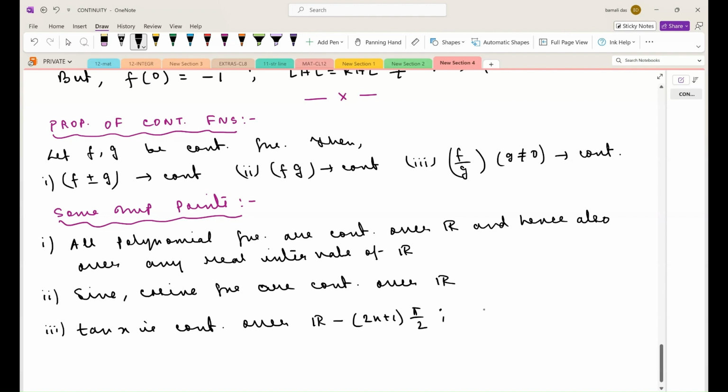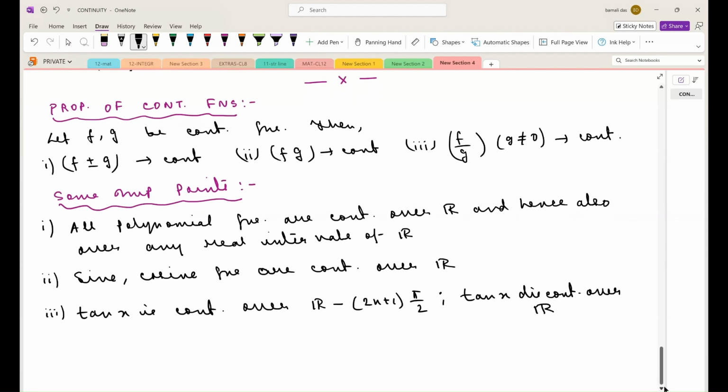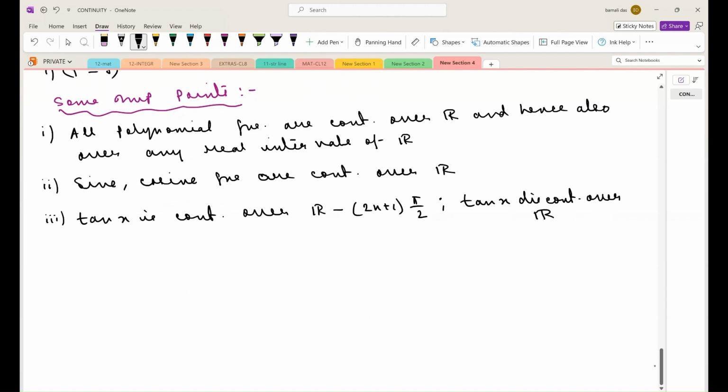But if you consider the whole of R, then it is discontinuous. Tan x is discontinuous over R. That's a point I was trying to explain in the beginning.